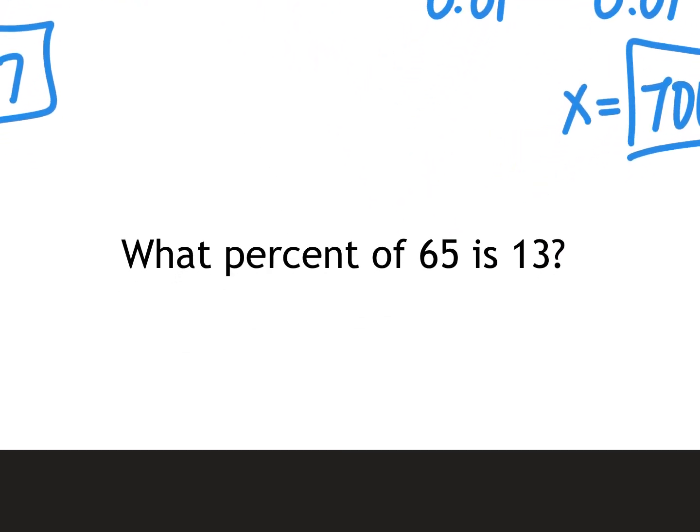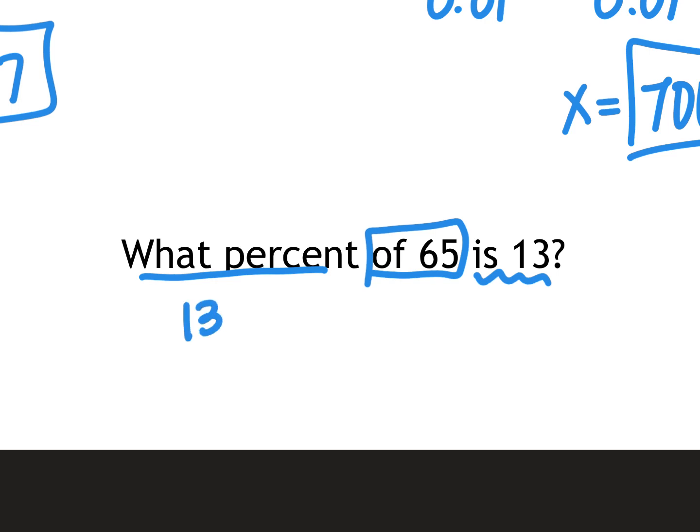Okay. I'm going to use percent equation with this one again so we can practice with converting the decimals and the percents. So what percent of 65 is 13? So again, plugging it into the correct spots in the equation.